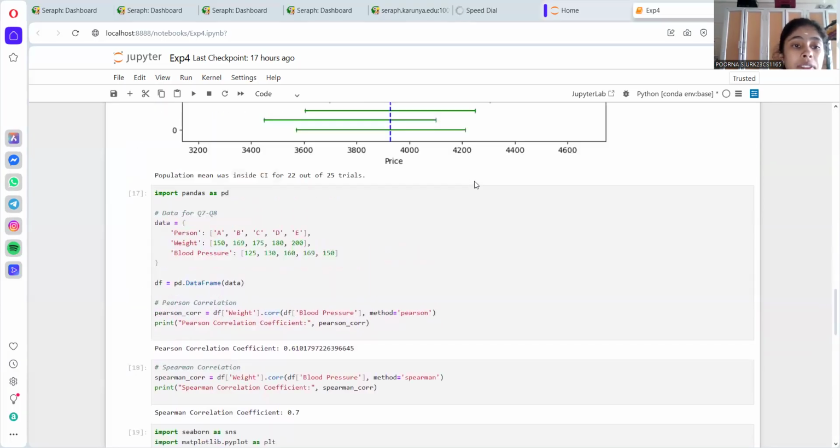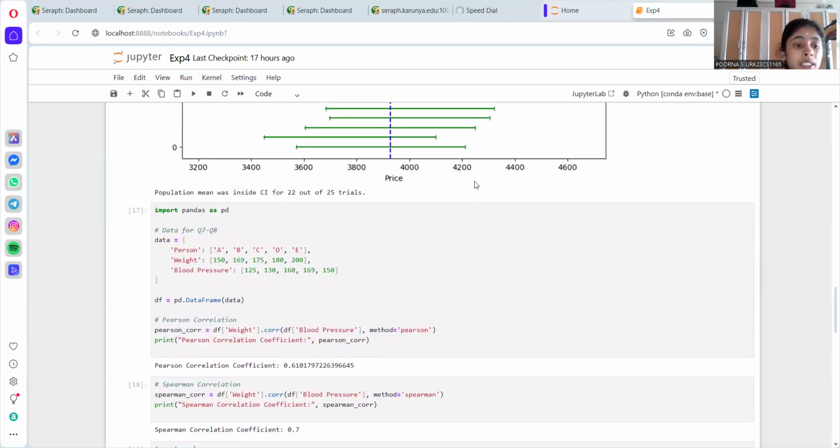So the next is we will find the correlation coefficients. Here we use .corr with method equal to pearson for the Pearson correlation. Then we use .corr with method equal to spearman for the Spearman correlation.